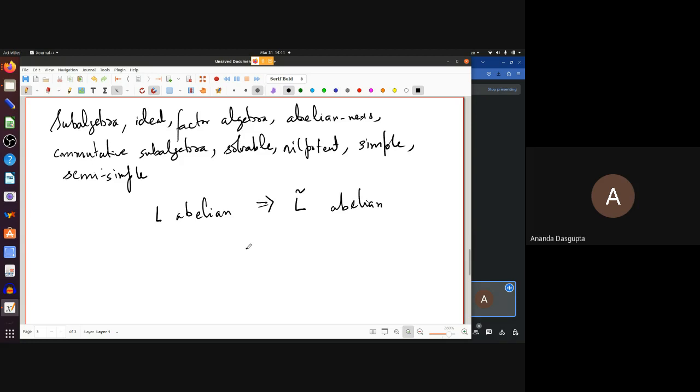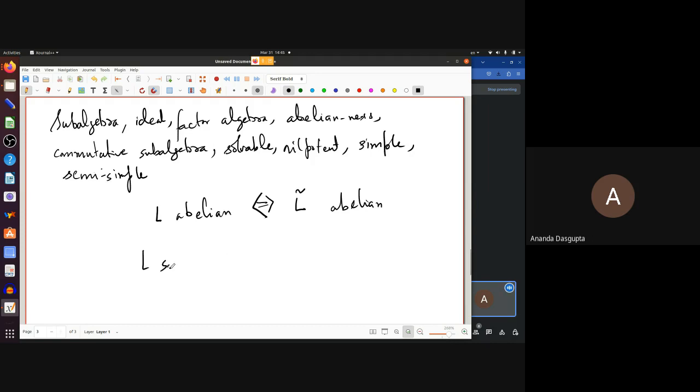So, because L tilde is abelian, this should definitely follow both ways. The bracket of x and y is also a bracket in L tilde, and every bracket in L tilde vanishes if L tilde is abelian. So this bracket should vanish. Or if you want, in terms of basis vectors, there is definitely one choice where the basis of L tilde coincides with that of L. And because L tilde is abelian, every one of the basis vectors commute. So you have zero structure constants, and the structure constants are the same in this case for L as well.